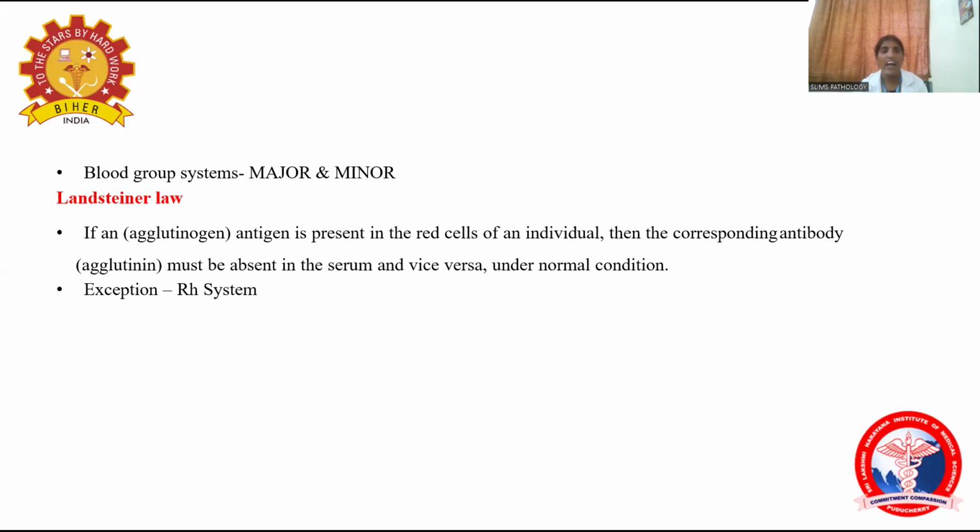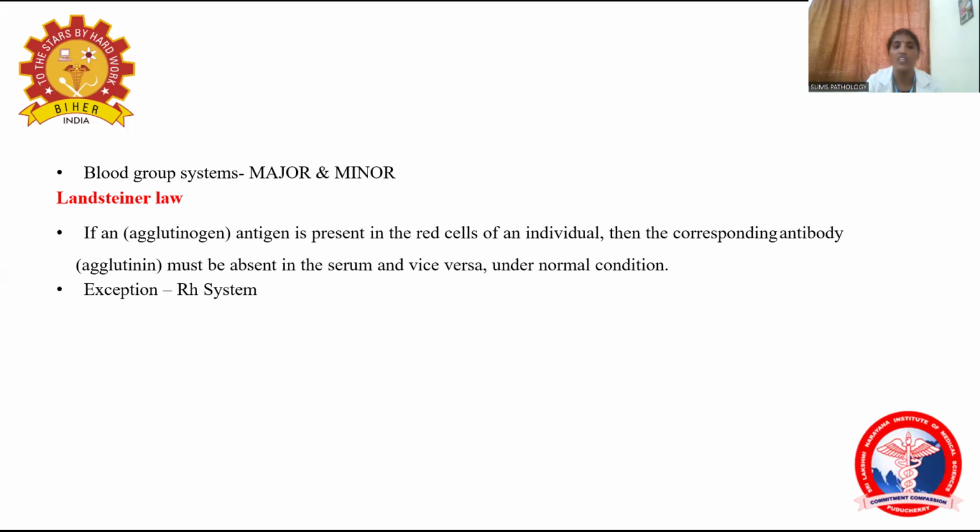The vice versa will occur in the case of the Rh system: when the Rh antigen is exposed, then the corresponding antibody will be present. When the D antigen is exposed, then the corresponding anti-D antibody will be present. So that is an exception.